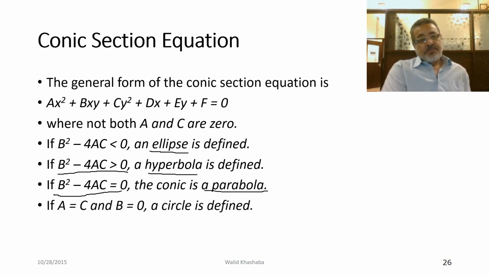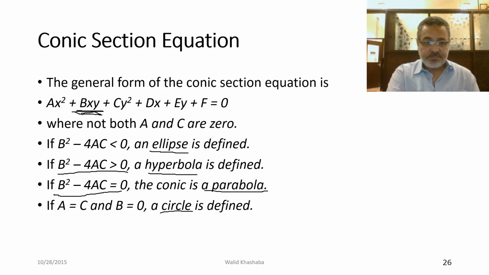If A and C, the coefficients of x squared and y squared, are equal, and there's no term like bxy, so b is equal to 0, then we are dealing with a circle.